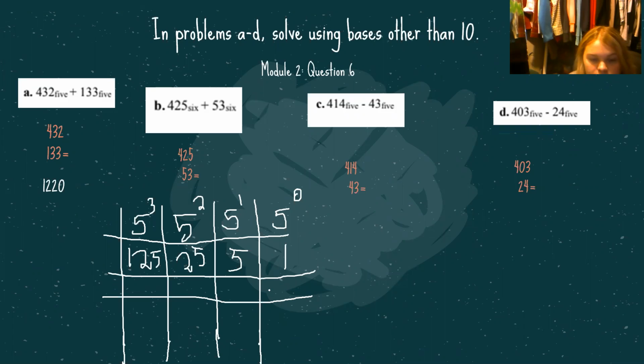We have 2 dots here, 3 dots here, and 4 dots here. The next number is going to be 133. So 3 dots here, 3 dots here, and 1 dot here.